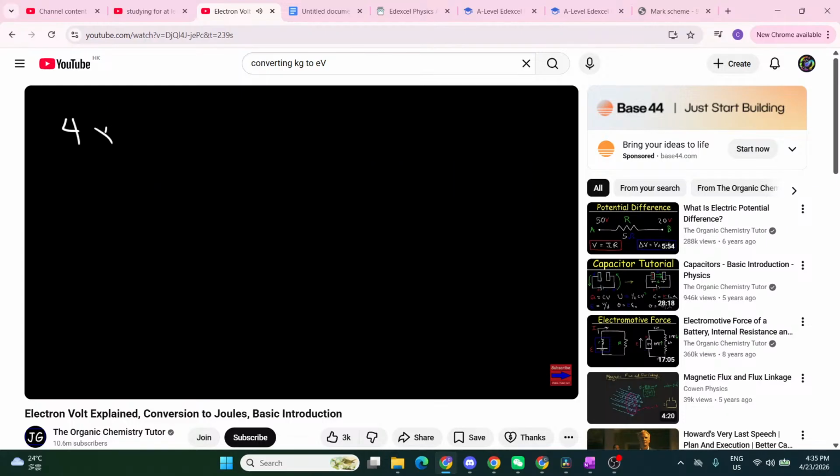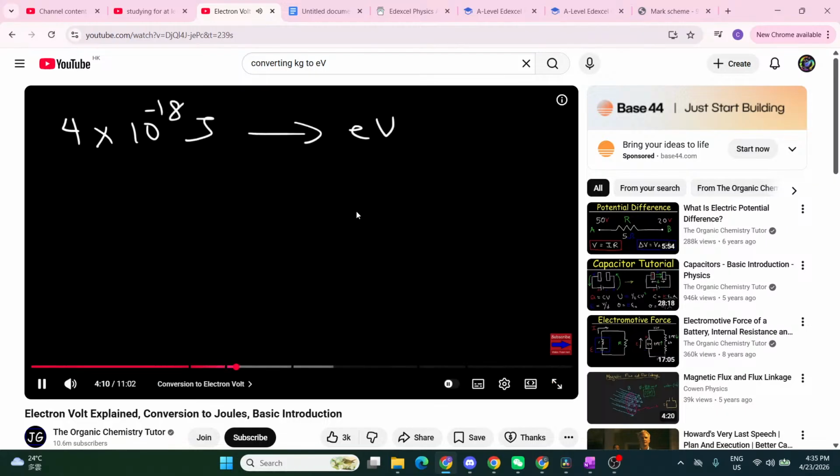Now let's say we have this value, 4 times 10 to the negative 18 joules. How can we convert this to electron volts? Go ahead and try this problem.